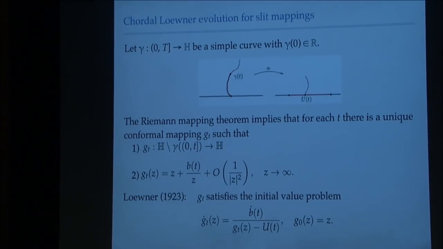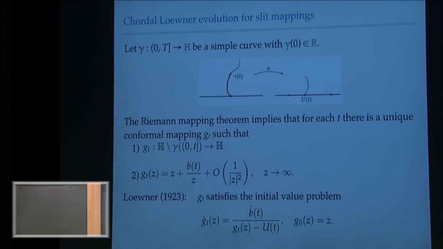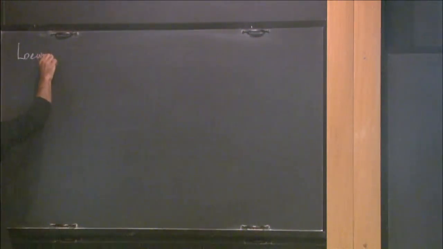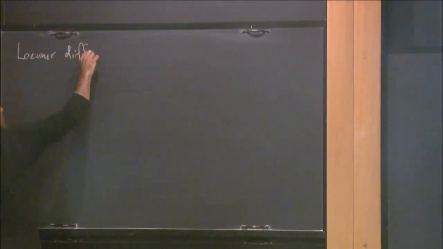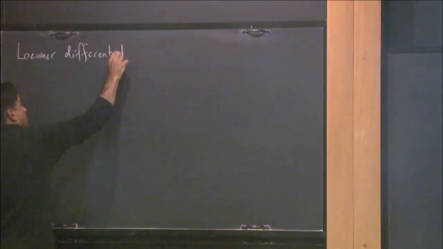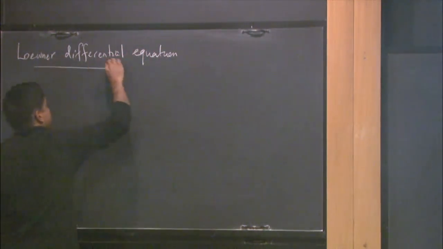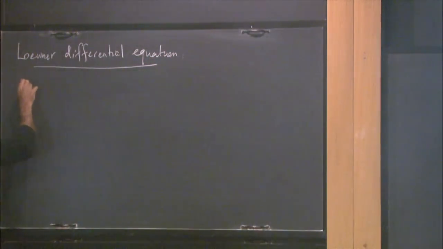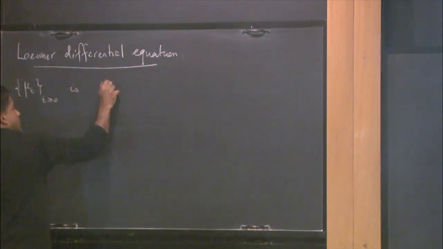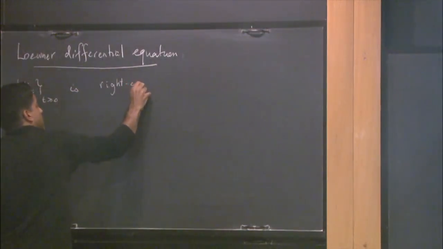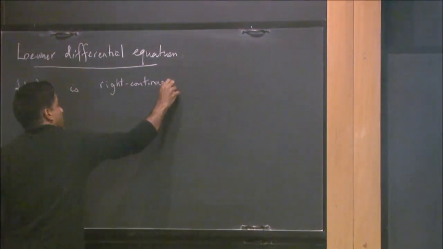And I'm going to state it in a slightly different form. An essential aspect of the differential equation is that you have a family of measures mu_t, right continuous with left limits.